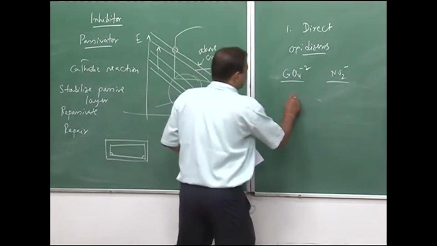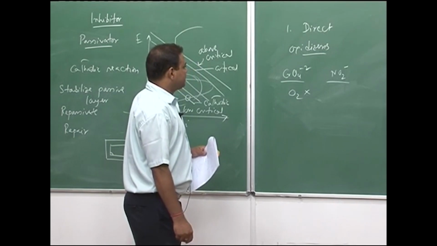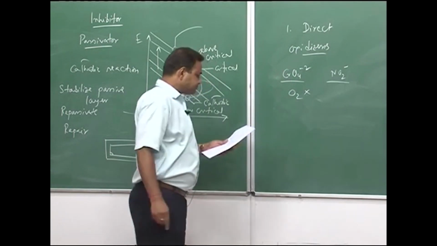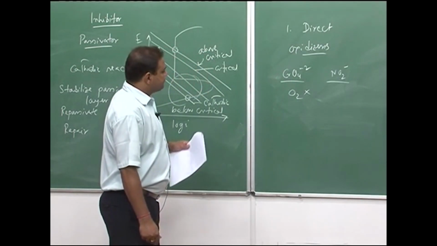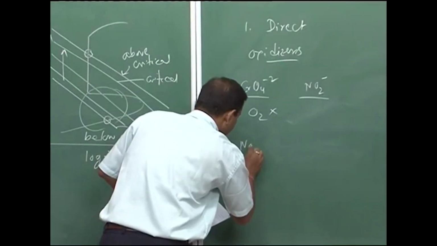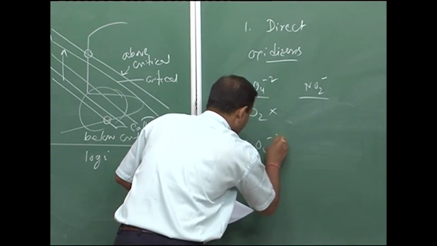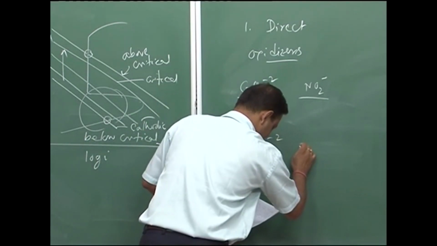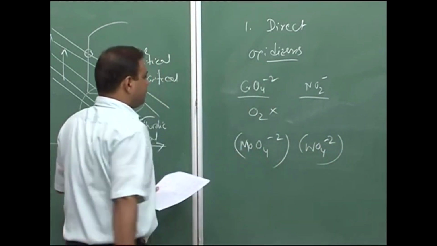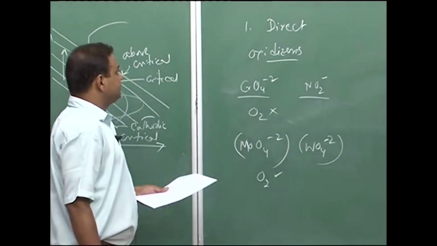This does not need oxygen to passivate the surface, but there are other oxidizers, for example, molybdate or tungstate. These basically need a little bit of oxygen to passivate.